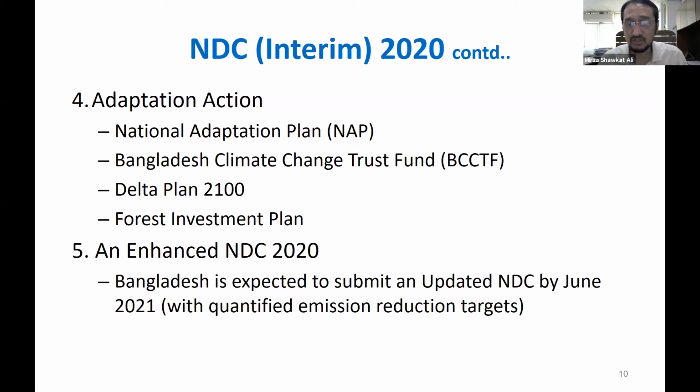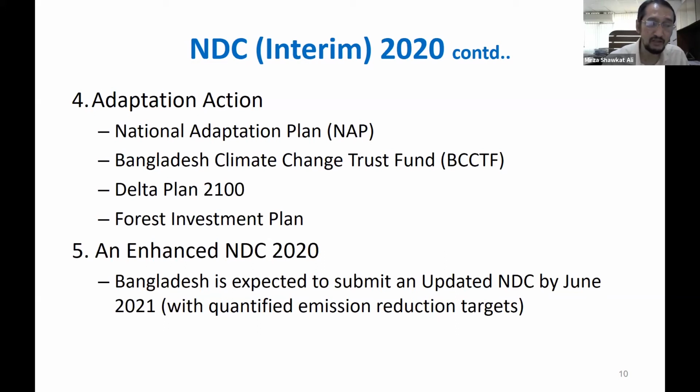Most of our vulnerable region is coastal region, and we have developed a Delta plan where we have suggested how we are going to develop this Delta and make this Delta climate resilient. So we have also mentioned this Delta plan in our interim NDC. And also there are some opportunities.